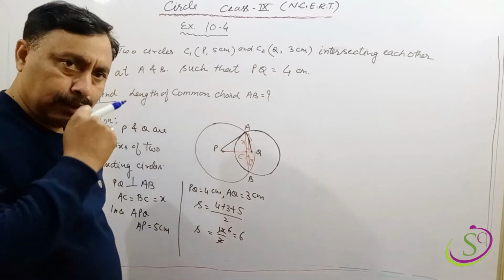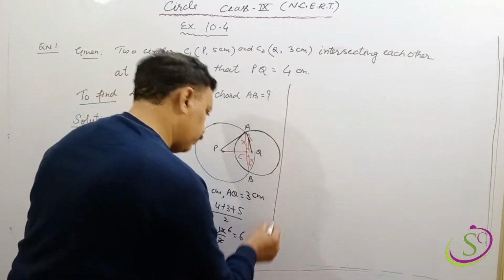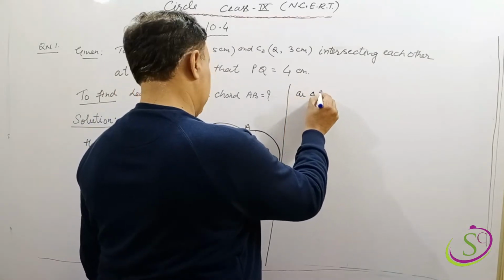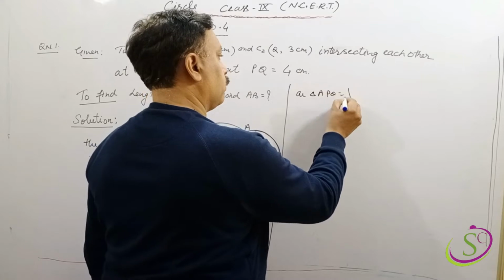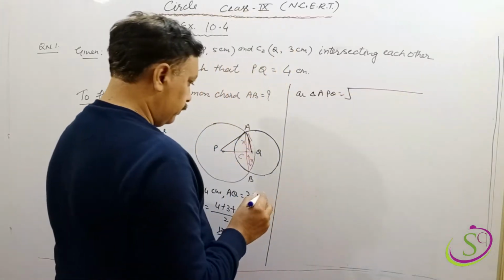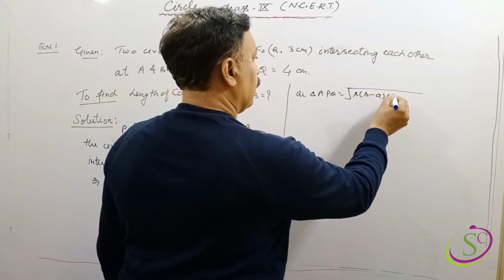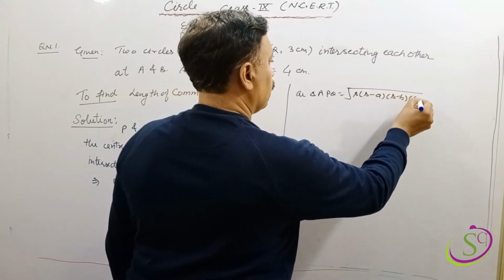That is, s is 6, so area of triangle APQ equal to under root s into s minus a, s minus b, s minus c.